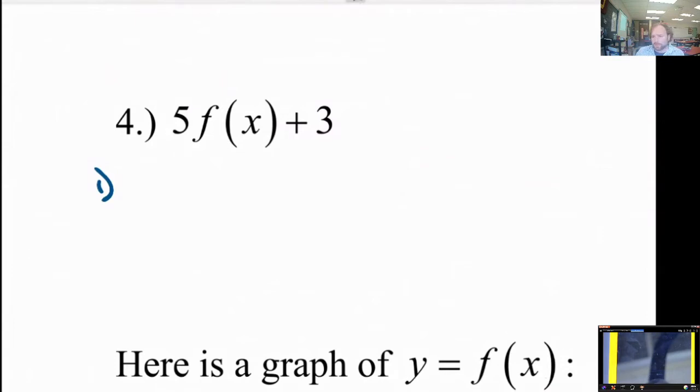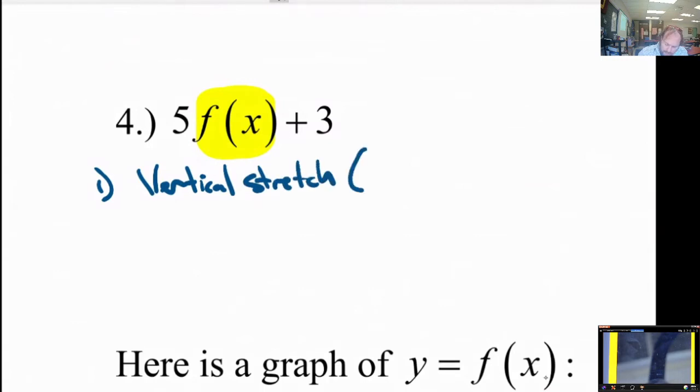If you want to think order of operations, the first thing that's actually going to happen here is the function is going to run. You're going to put numbers in for x, you're going to get numbers out for y. But once you're done with that, you're going to take those answers and multiply them all by 5. That's going to cause the graph to stretch vertically by a scale of 5. So we say this is a vertical stretch by a scale of 5.